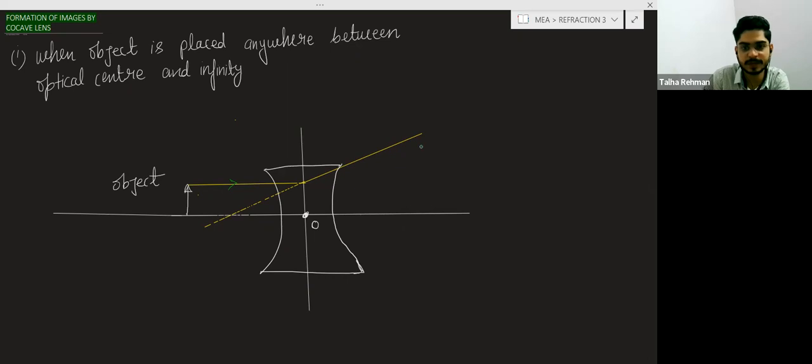This is the refracted ray, and when I produce this refracted ray in the backward direction, it meets at the focus.